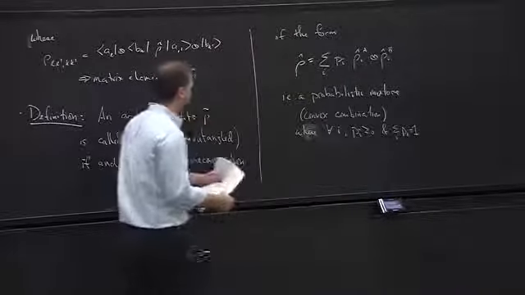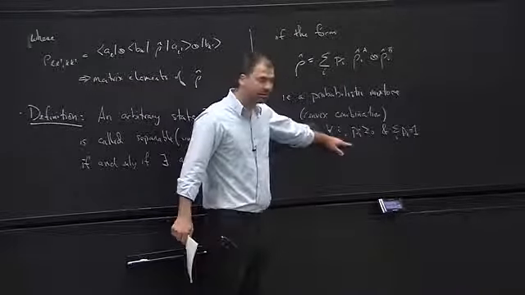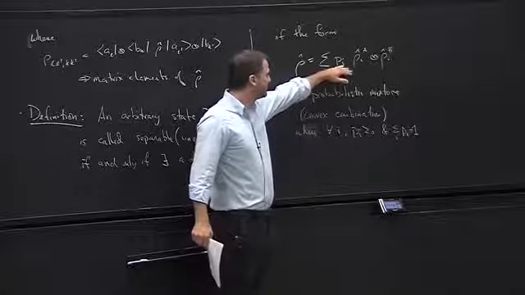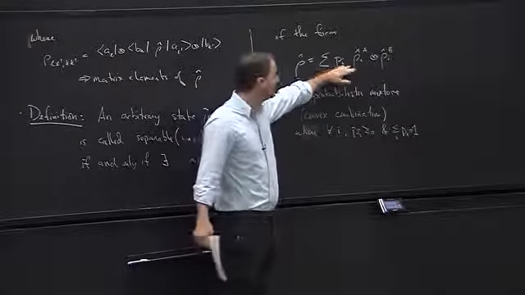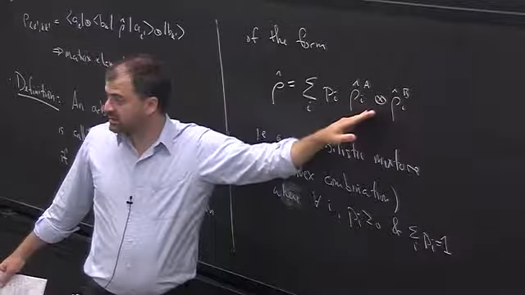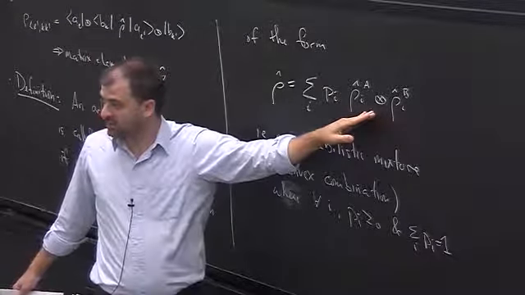It's a little bit pedantic. I'm just making sure everyone's clear on the fact that this is a classical probabilistic mixture, hence the term mixed state, of uncorrelated states, of factorable states.